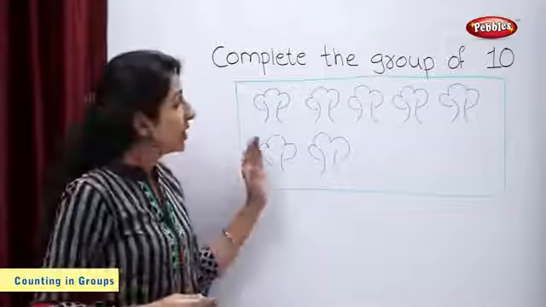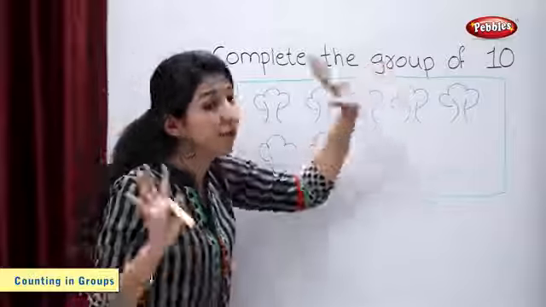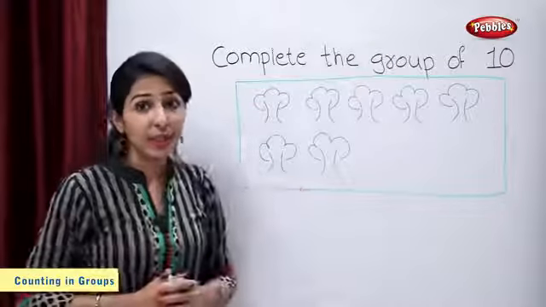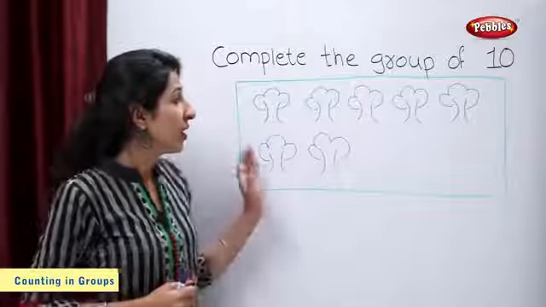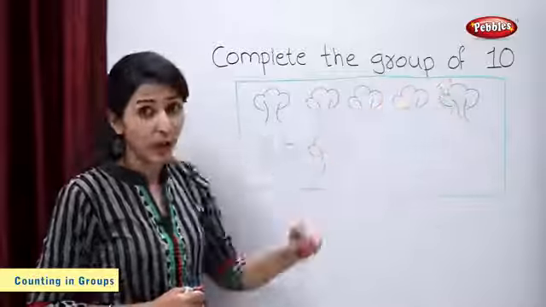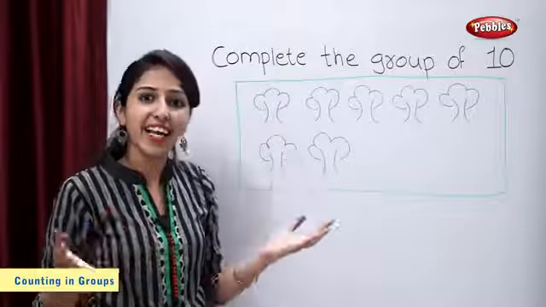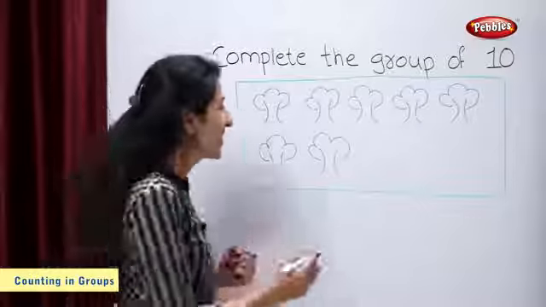So we have 7 trees on the board and we have to complete group of 10. So tell me students, how many more trees are required? We have 7. We need 10. So 3 more trees are required. So let's draw 3 more trees.